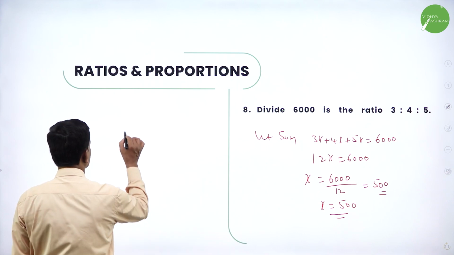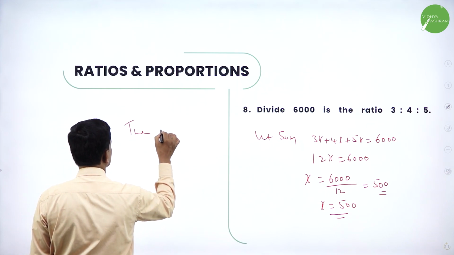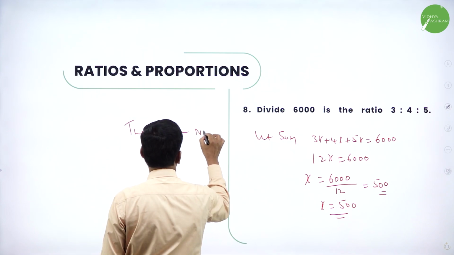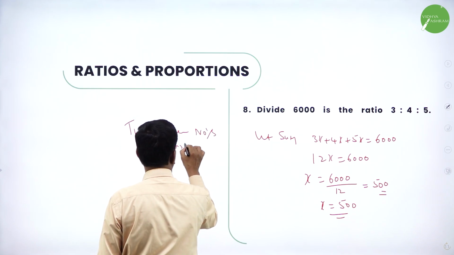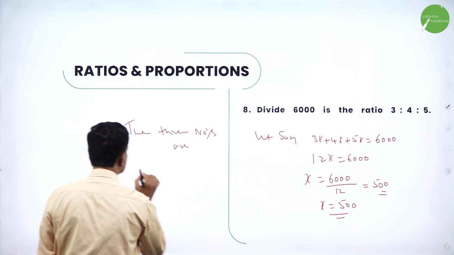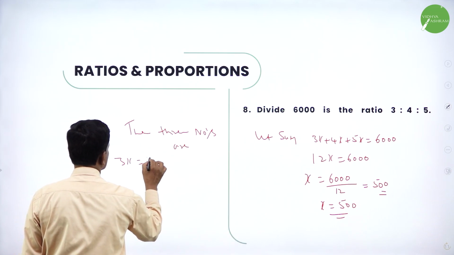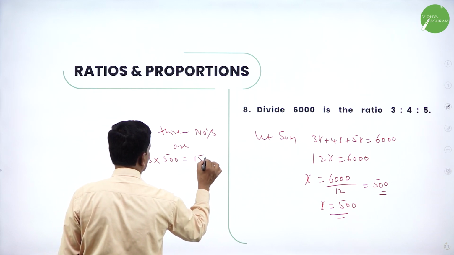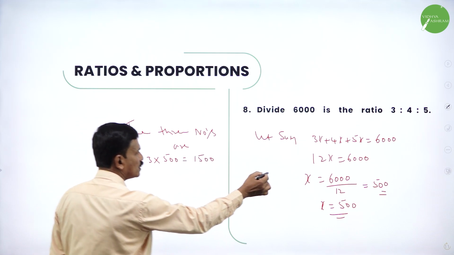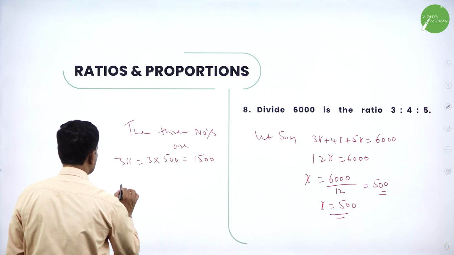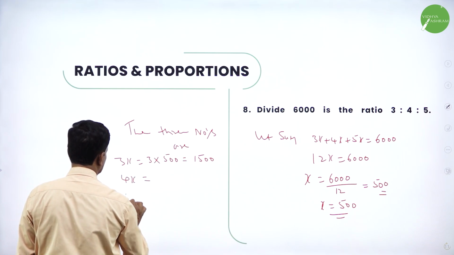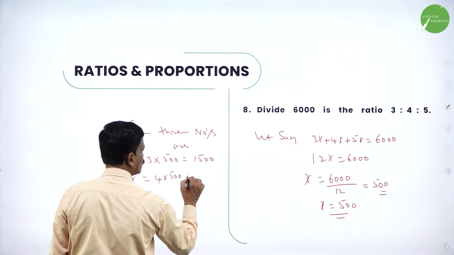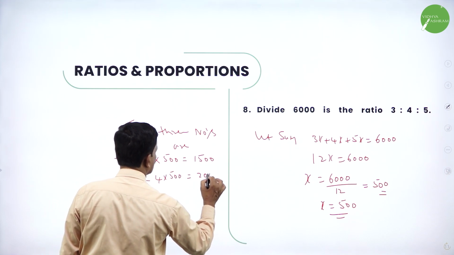Okay. Therefore, the three numbers are, first it is 3x, that is 3 into 500, that's equal to 1500. Again, next numbers are 4x and 5x. 4 into 500, that's equal to 2000.